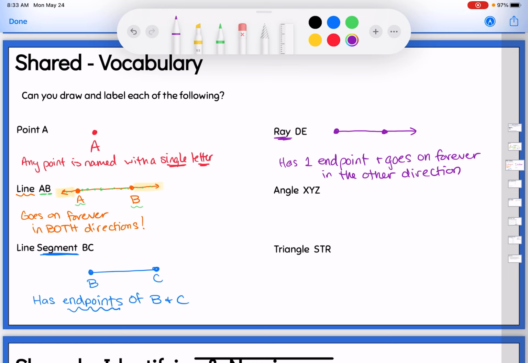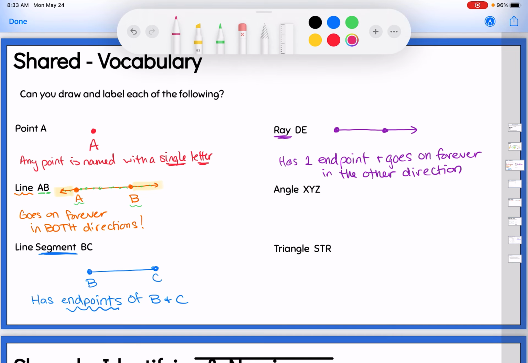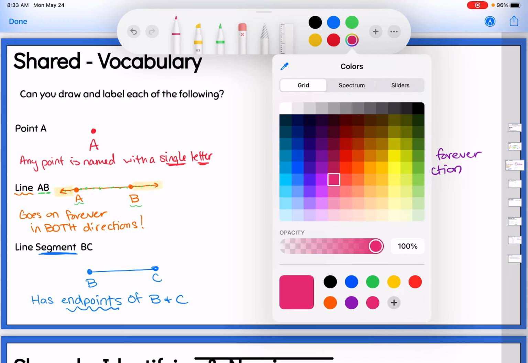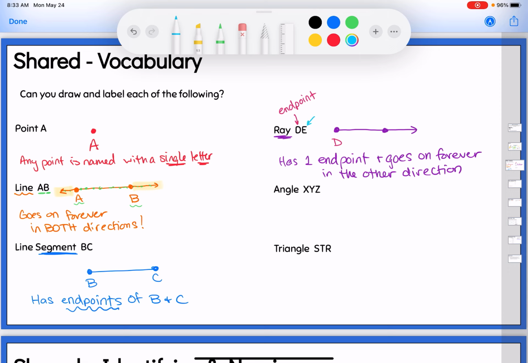Now the tricky part is you have to read this how they say. So if it's ray DE, the first letter is the end point. So the first letter has to be D. That's the end point. It goes on forever then in the direction of E, forever past this point.